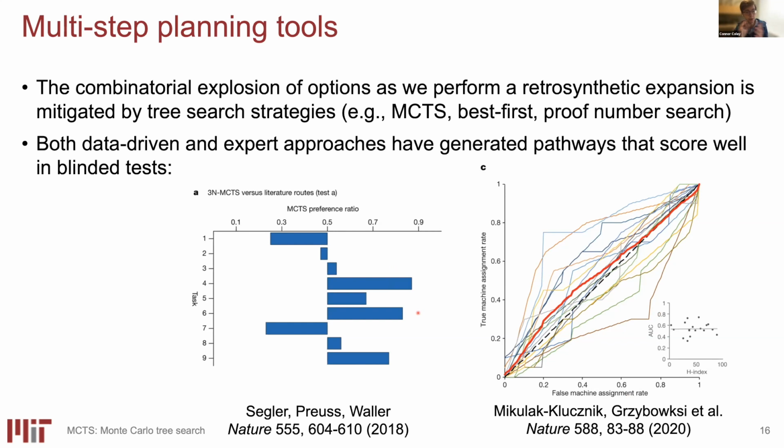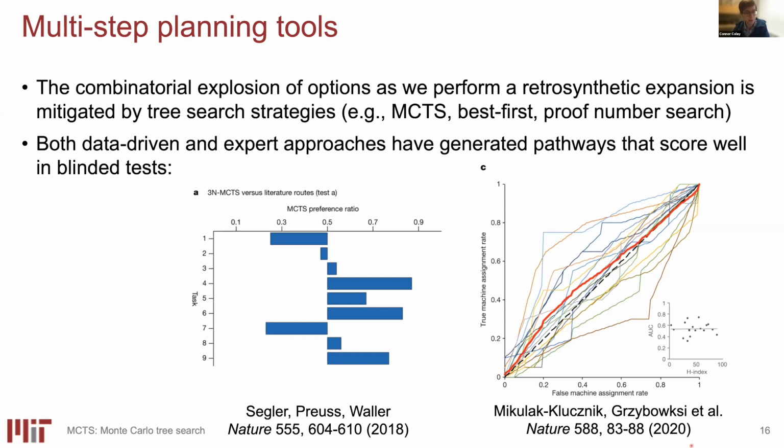In both cases, there was no statistically significant difference in the preference towards the pathways. So experienced chemists couldn't actually tell apart the recommendations that came from the model from the recommendations that were actually known experimental literature pathways. So these tools are really at an interesting inflection point where there's a lot of opportunity to apply them. They're coming up with recommendations that are actually quite useful.